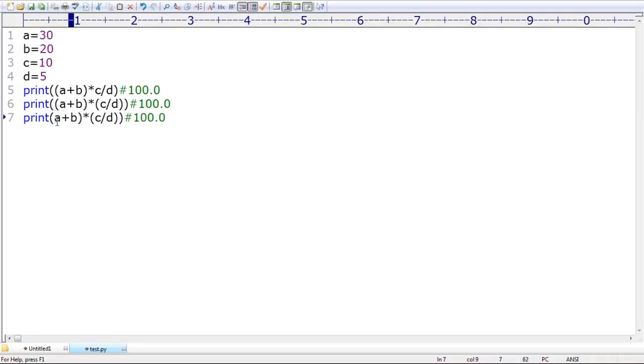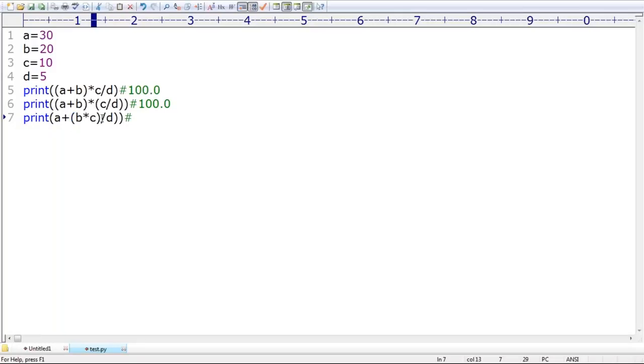Now observe carefully. I'm taking A plus B into C by D, with the parenthesized part. What is the output by default? First, the parenthesis part is evaluated: B into C, 20 into 10, 200.